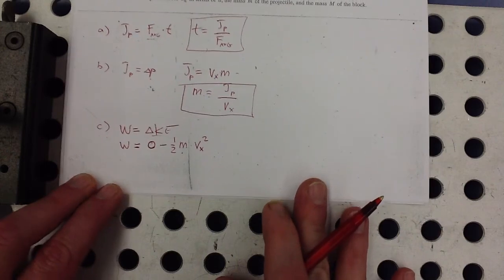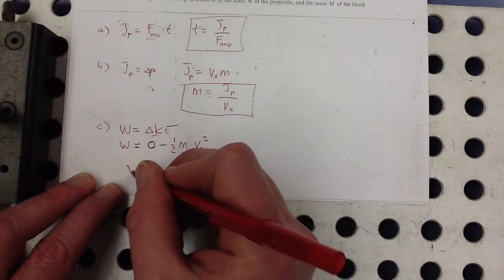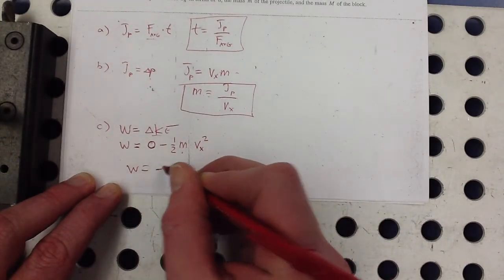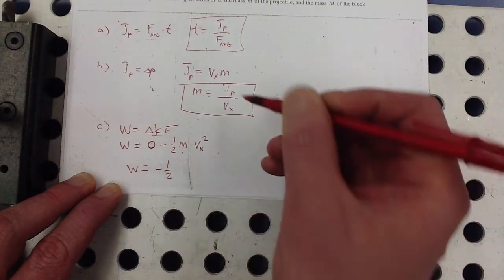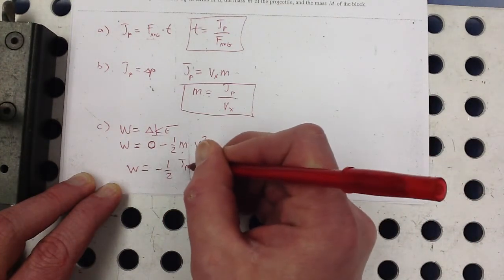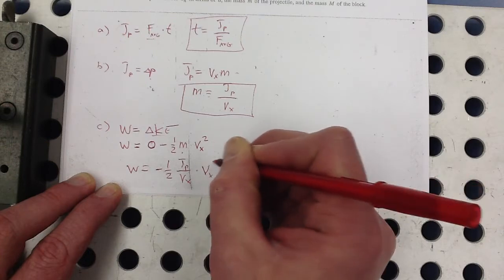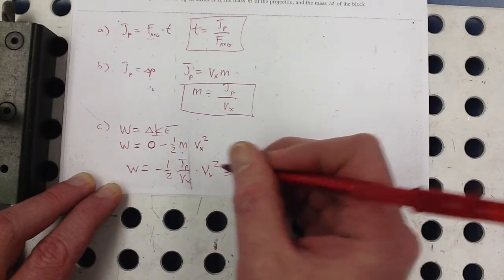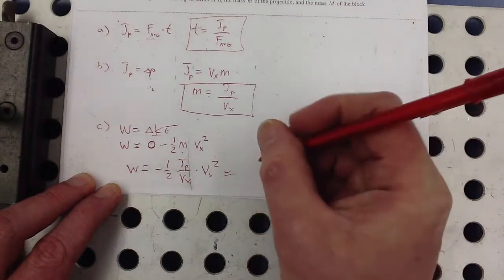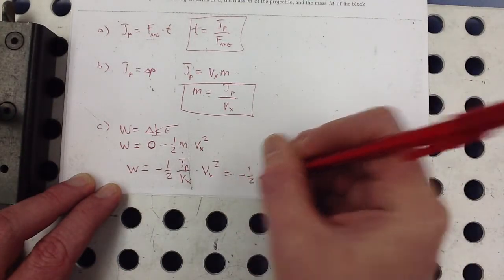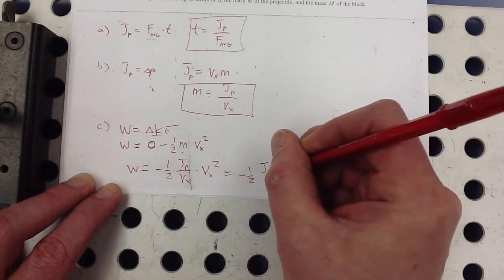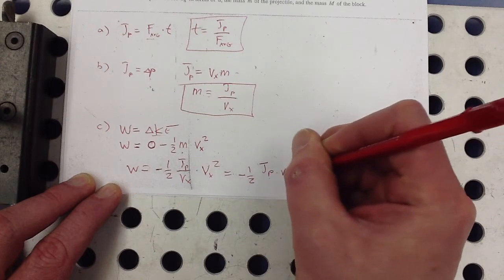So that means work is equal to -1/2 Jp over Vx times Vx squared. And one of the Vx's will cancel out there, giving us -1/2 Jp times Vx.